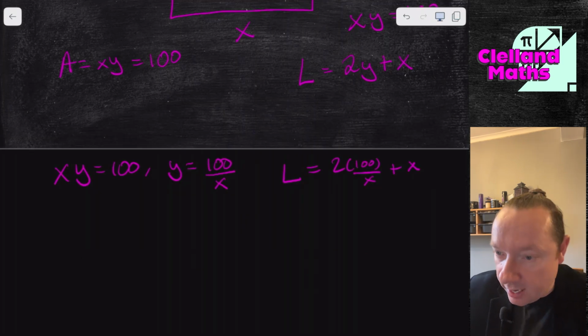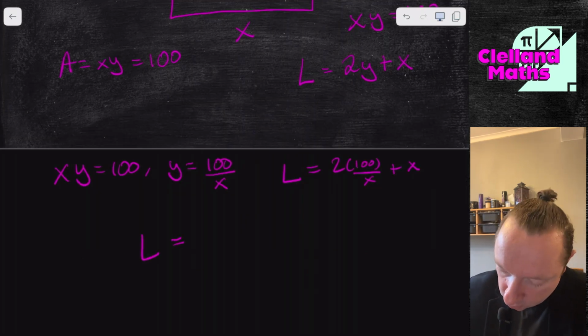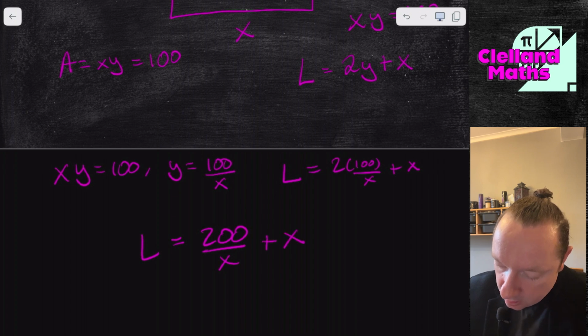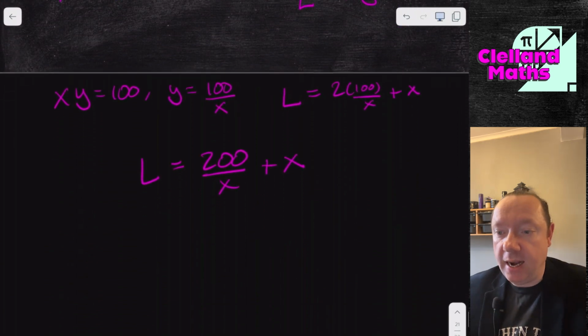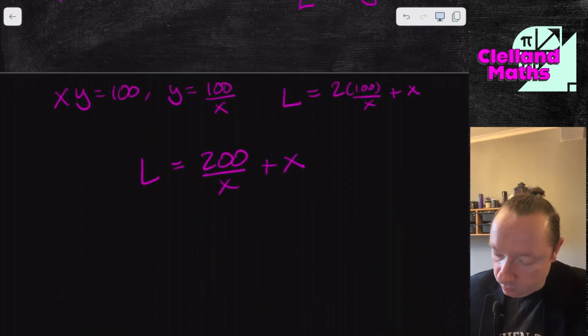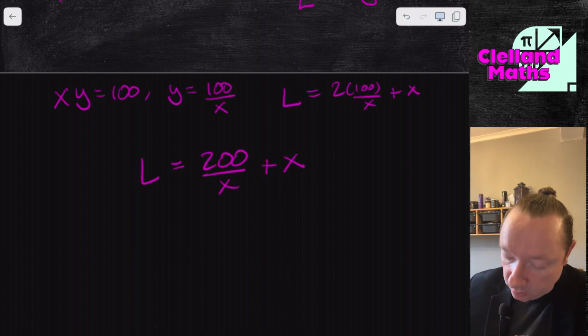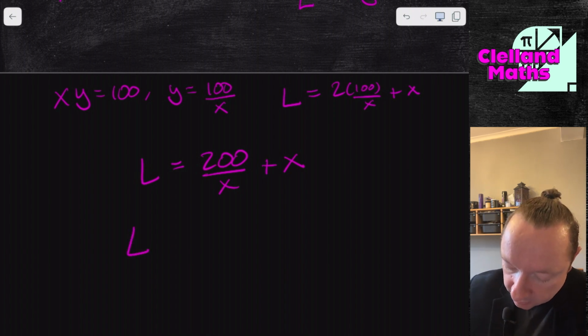Tidying that up, our length is 200 over x plus x. And we want to minimize the amount of fencing required, so we want to minimize that length. So when we differentiate that, we want to find where the turning points, the stationary points, are. Let's make that differentiable by saying I've got 200x to the minus 1 plus x.